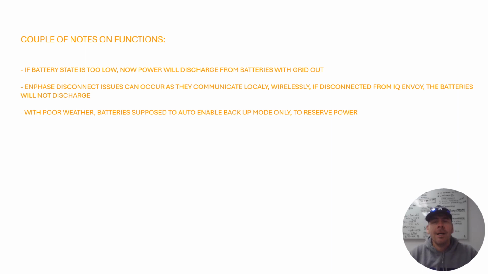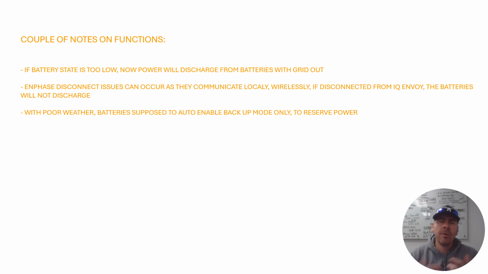Well, check the weather, because a lot of the systems we use now have built-in weather tracking, and if there's impending weather that is a concern, the system's already programmed to go into backup mode only instead of the time-of-use offsetting mode. They do that so that if the power does go out, you have the optimum amount of battery storage to last the duration of the outage, versus discharging in the evening. That's built into a lot of the firmware, so it's something to look out for. Not all systems have it, but I would say most of them do.